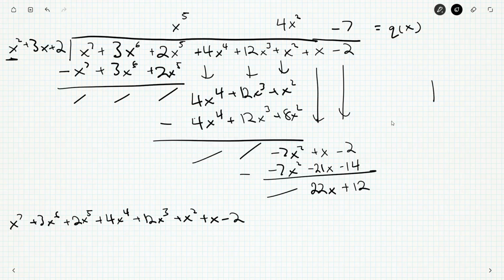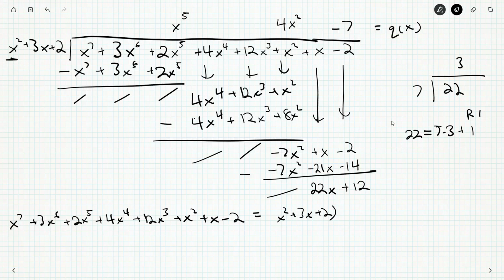So just like when you do 22 divided by 7, you get 3 here, and you get a remainder of 1 down here. And you can rewrite and say 22 is 7 times 3 plus our remainder of 1. Same thing works here. We had x squared plus 3x, our divisor, times whatever we got on top, our q of x.